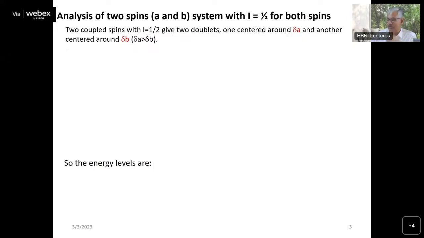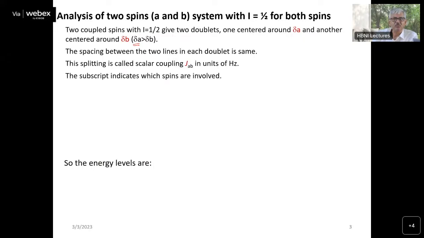In this particular case, we will specifically choose that delta A, the chemical shift value of A, is greater than delta B. You will see that the spacing between the two lines in each doublet is the same.